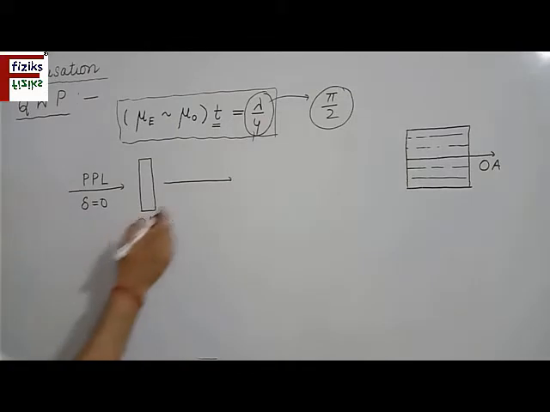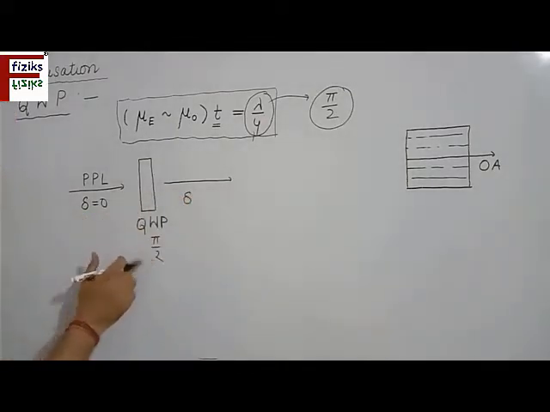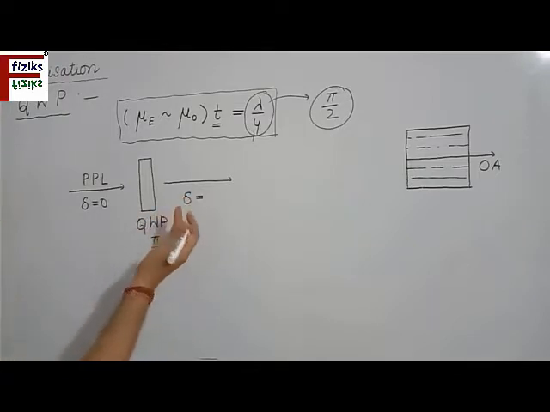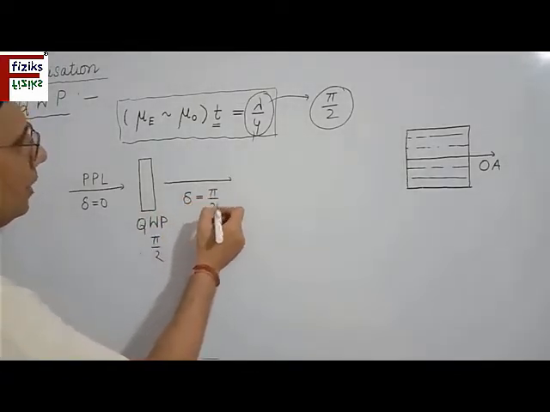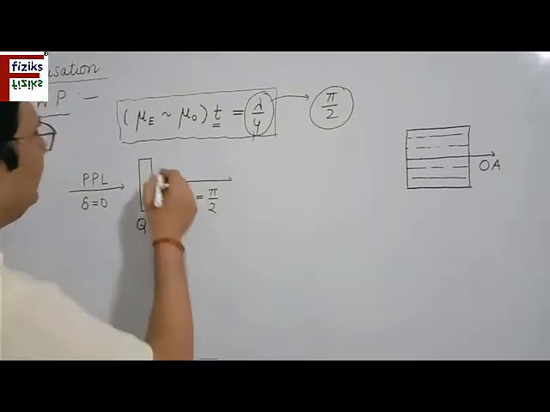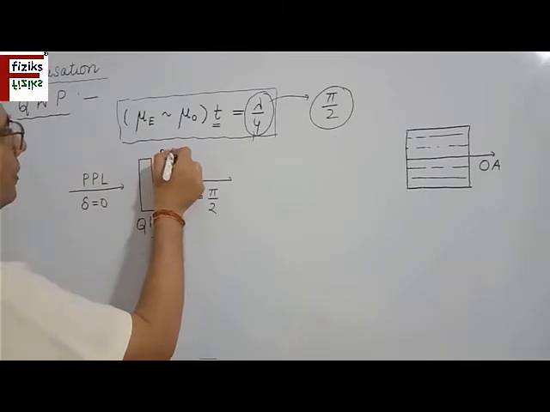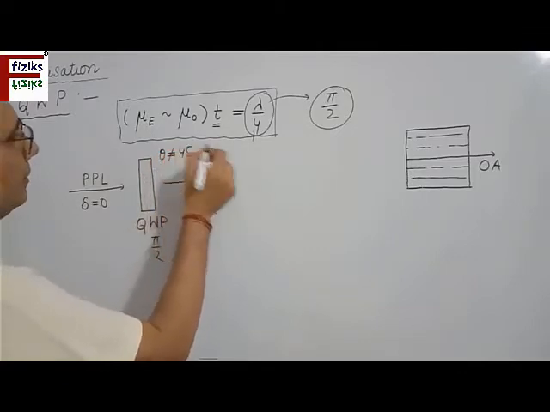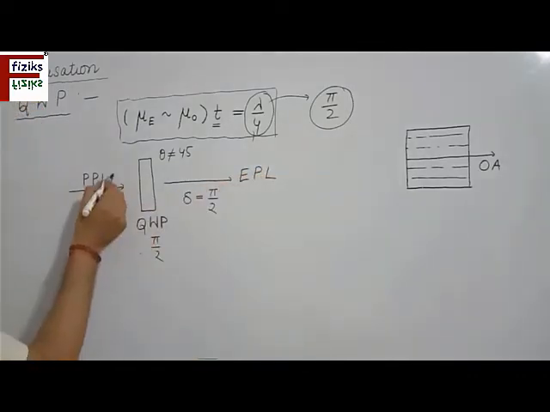We will have a phase delta. 0 was here, pi/2 is introduced, so this will be 0 plus or minus pi/2, so the phase will be pi/2. And in this case, if theta is not equal to 45 degrees, then on this side we will have elliptically polarized light. This is case 1.